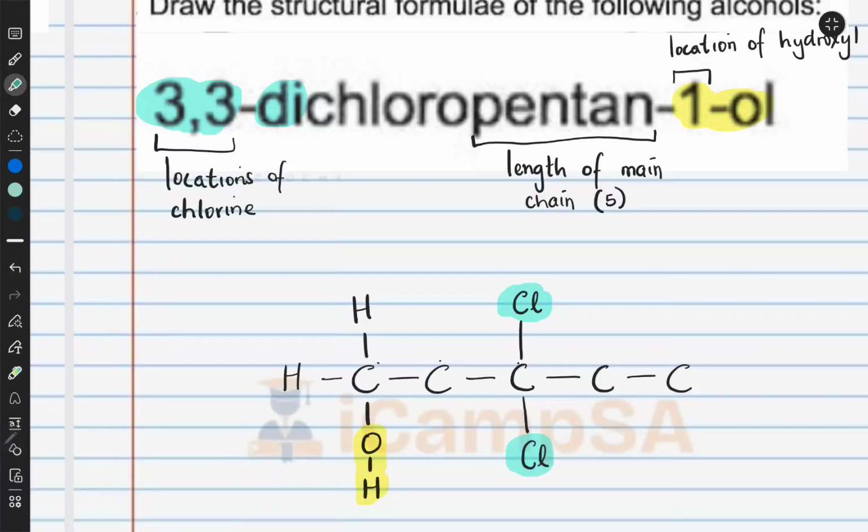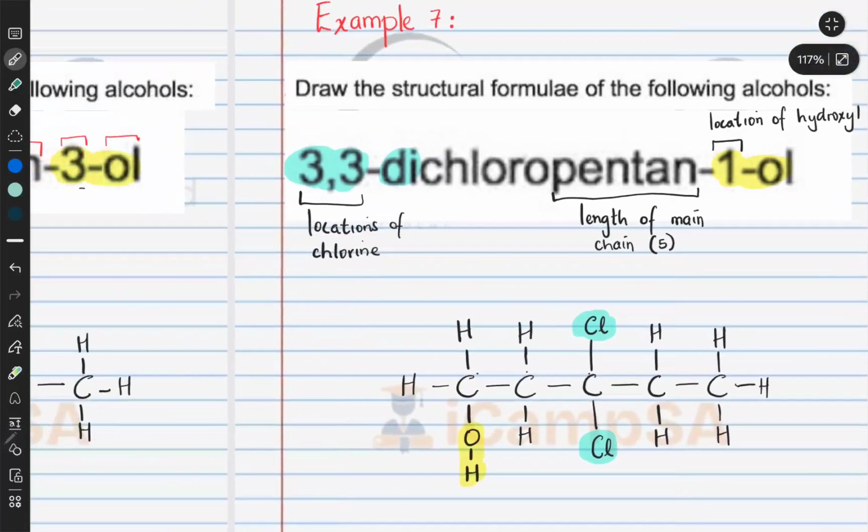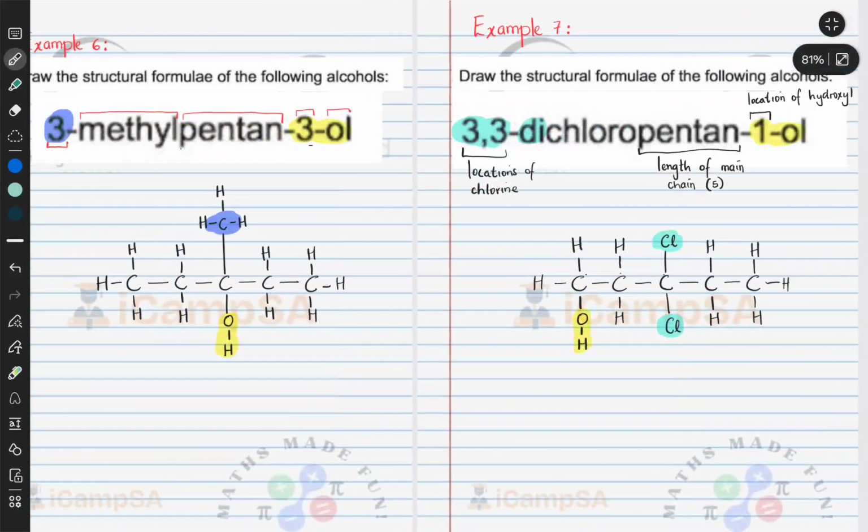And then there's no other substituent remaining, so we can just start populating the other bonds with hydrogen atoms. H, H, H, H, H. There. So this is how you would draw the structural formula for this one.